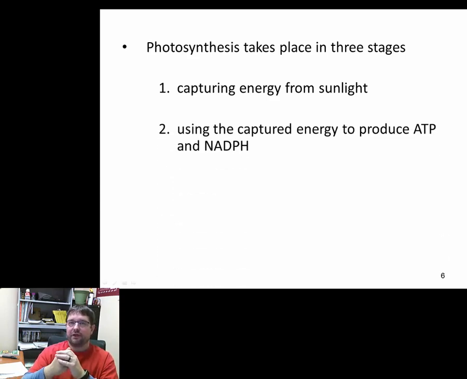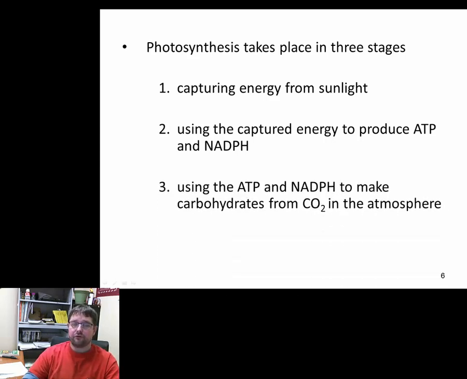The second stage is to use the energy from the photons to drive the production of ATP, and also to utilize the free electrons from this biochemical pathway to form NADPH. NADPH is an electron carrier. It carries electrons to another region of the cell, or in this case, another region of the chloroplast.